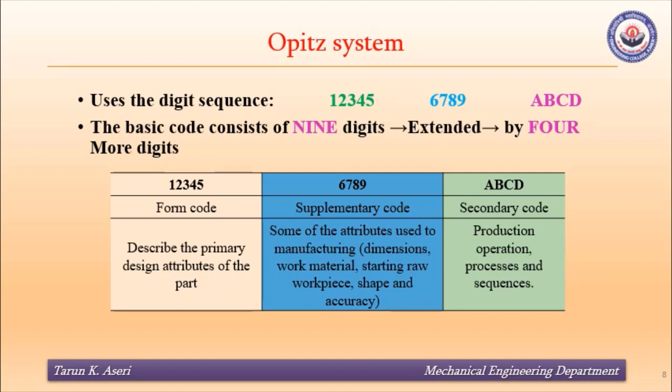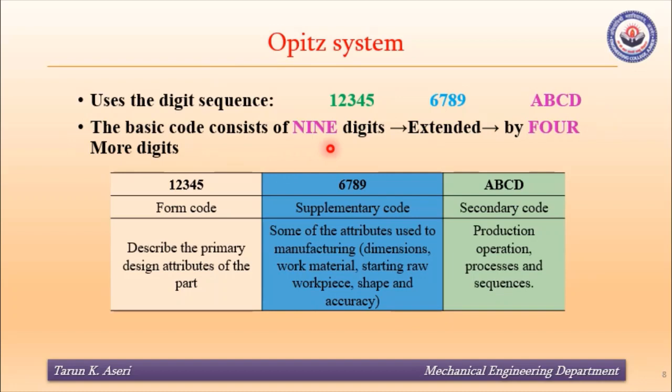Now, what is it and how does it work? The OPIT system uses digits in sequence, like 1 2 3 4 5. First a cluster of 5 digits, then a cluster of 4 digits, followed by a cluster of 4 more.